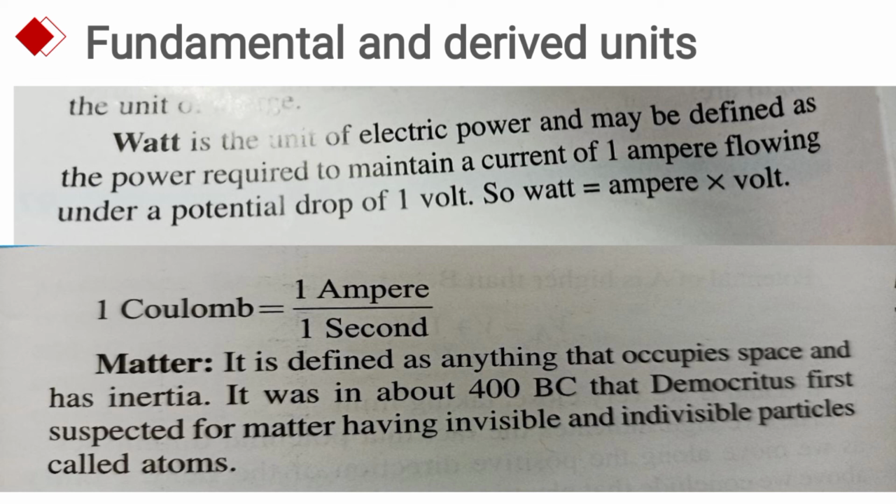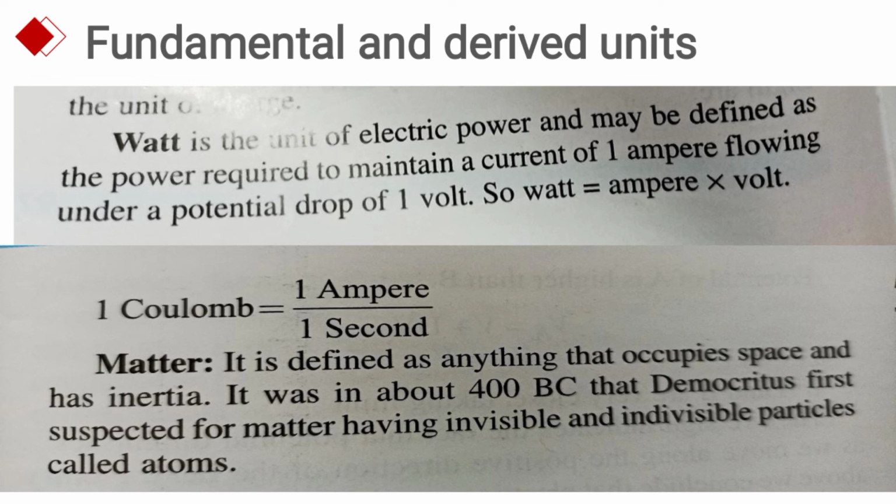For example, watt is the unit of power, and coulomb is the unit of charge. Watt may be defined as the power required to maintain a current of 1 ampere flowing under a potential drop of 1 volt. So it is ampere into volt. 1 coulomb is equal to 1 ampere second.